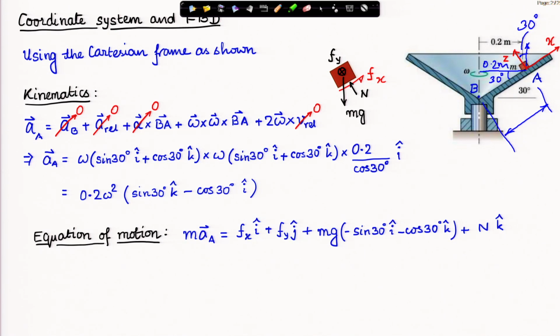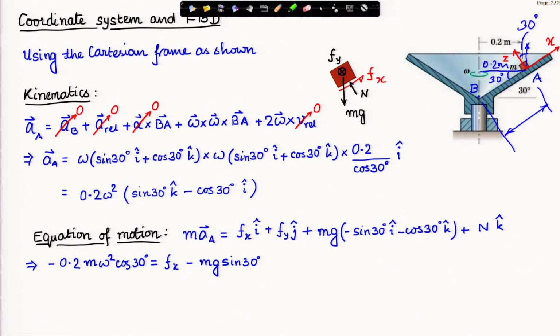The force of friction has an x component along i cap, y component along j cap, fx i cap plus fy j cap. Weight is vertically downwards, this is mg times a unit vector which is vertically downwards, plus normal reaction is perpendicular to the plane which is along z, and therefore, it is N times k cap.